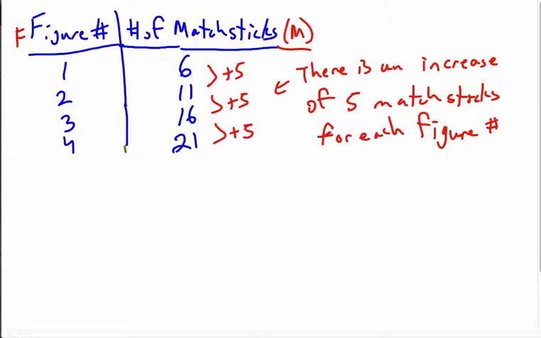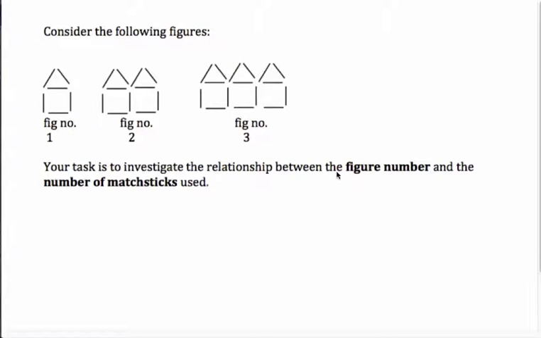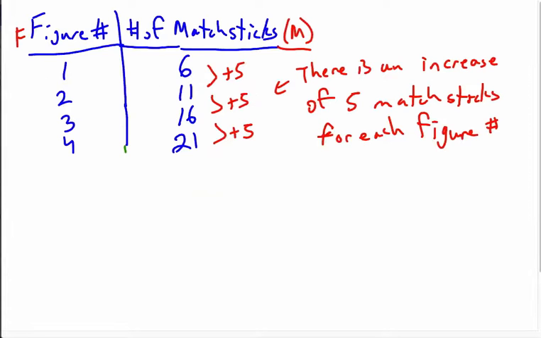So next, let's just remind ourselves of what the problem is asking us. It's asking us to find a relationship between the figure number and the number of matchsticks used. So your formula, your general rule, is going to be number of matchsticks equals, and then we're going to figure out the number of matchsticks with the figure number.